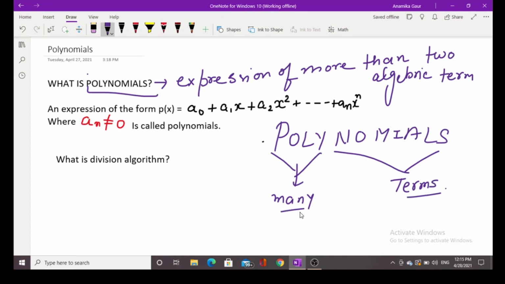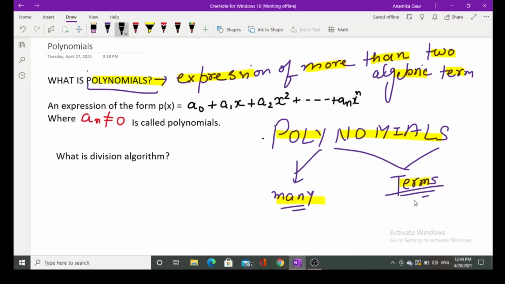So any expression which has many algebraic terms in it is said to be a polynomial. So what we discussed: a polynomial is an expression which has more than two algebraic terms. In layman's language, it means it has many terms.